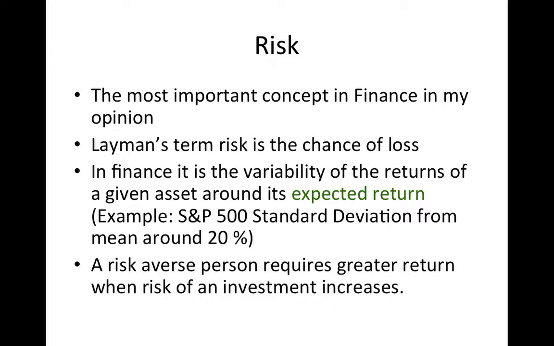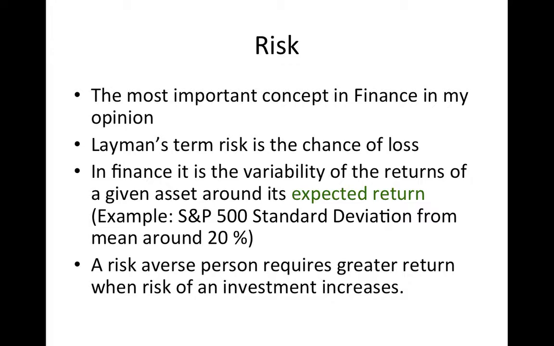So a risk averse investor requires greater return when the risk of an investment increases. Now let me ask you this. Why would you invest in something, A, which gives you more risk but less return, as opposed to another investment, B, which has less risk and more return?